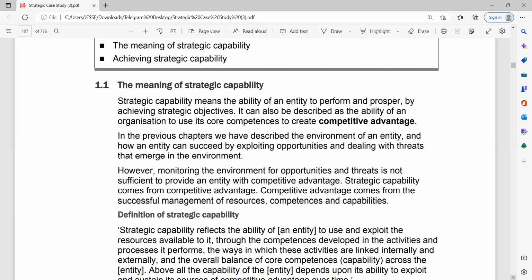Very, very important. So when we talk about core competencies, that's exactly what we mean.